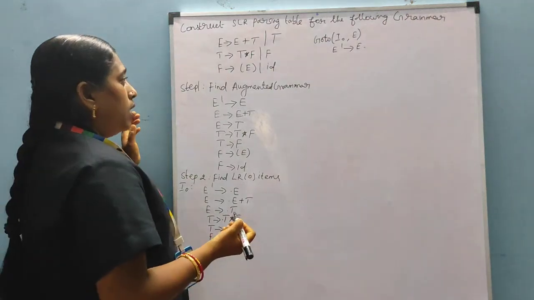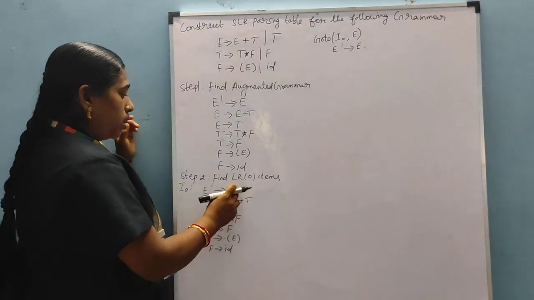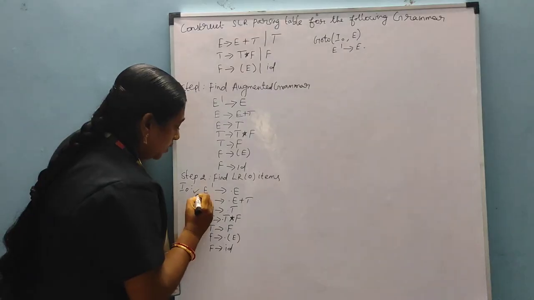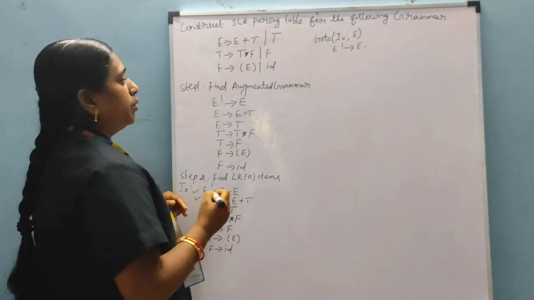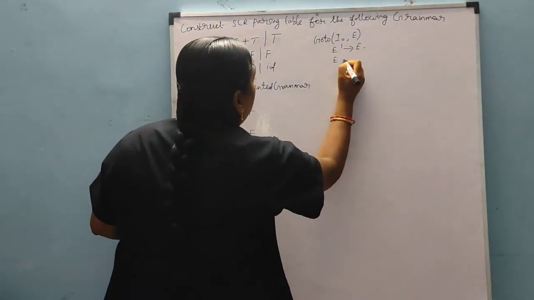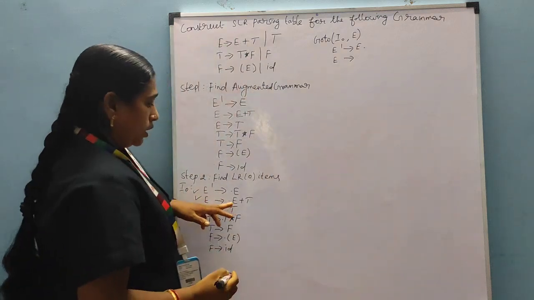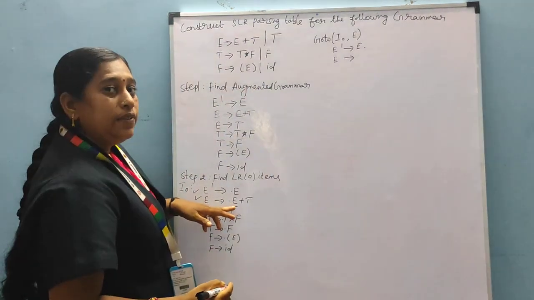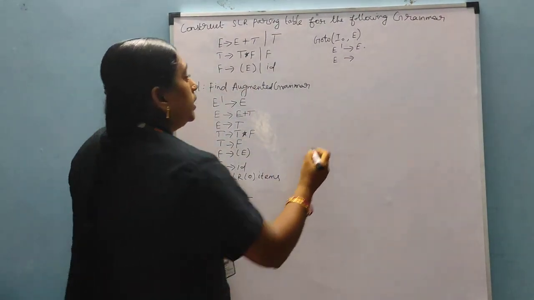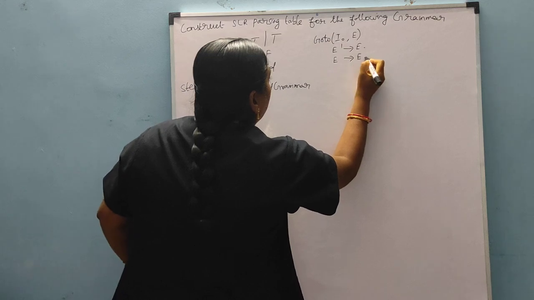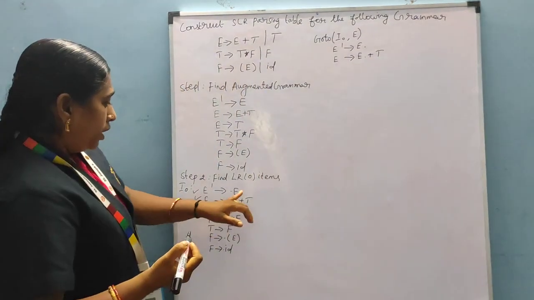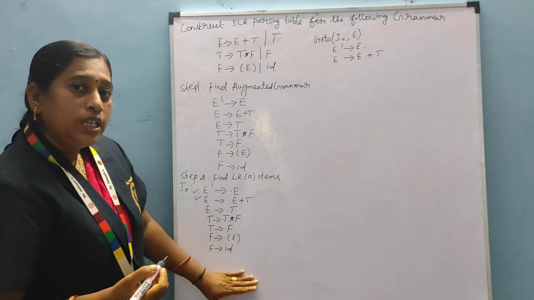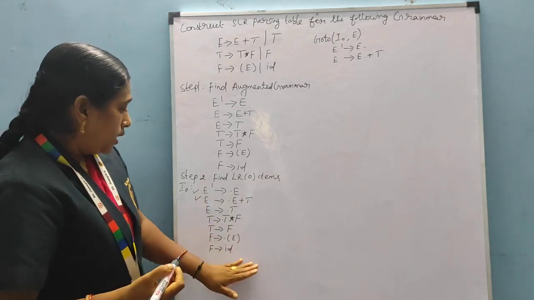Okay. Likewise, see, for the non-terminal E, two productions are present, right? So the first thing is completed, now the second production. Take the second production, E tends to, here also non-terminal E will be present, so E dot plus T. Any other productions containing non-terminal E? Check it out once again.